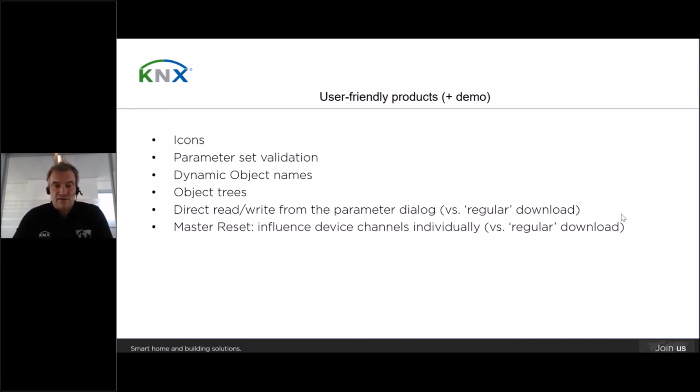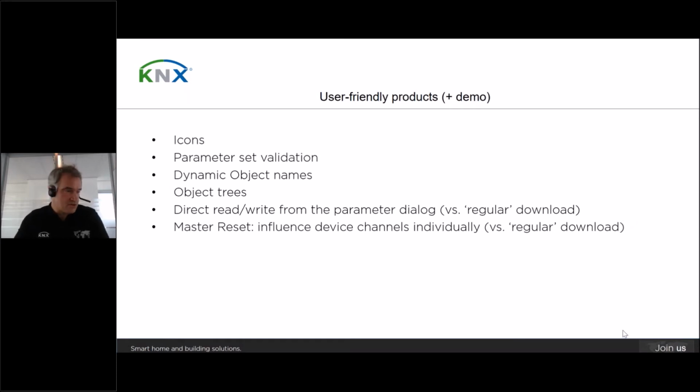Because we think that, even without being ergonomic experts, of course, we strongly believe that icons can make ETS parameter dialogues more user-friendly. Icons can be used for several elements within the ETS parameter dialog. In my demo here, I have just used it for distinguishing parameters.